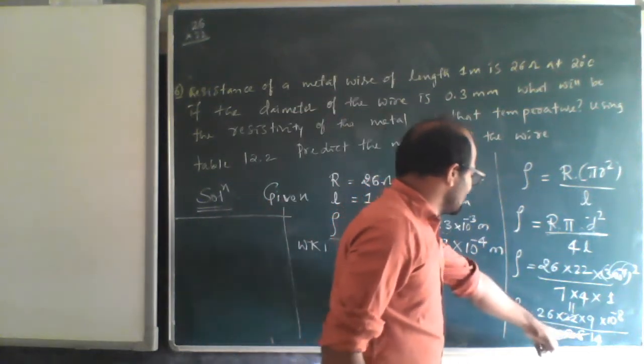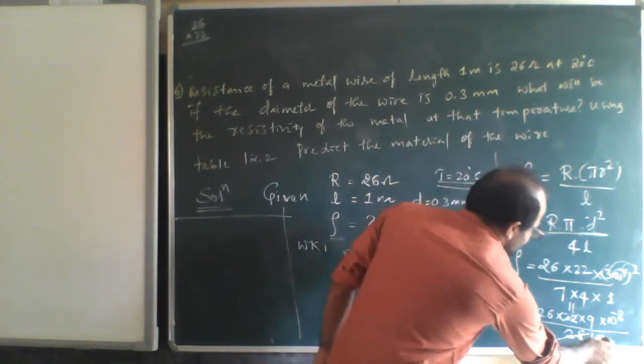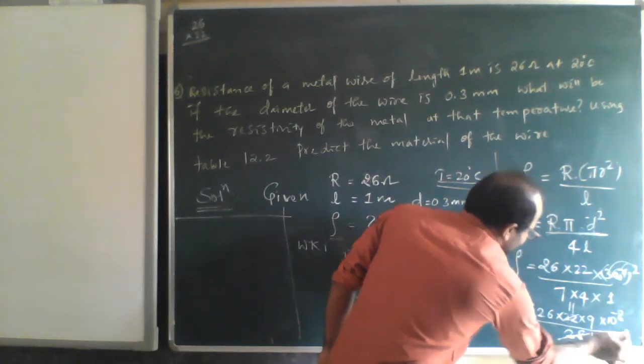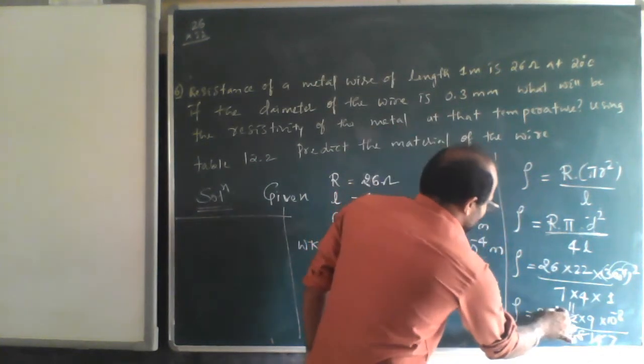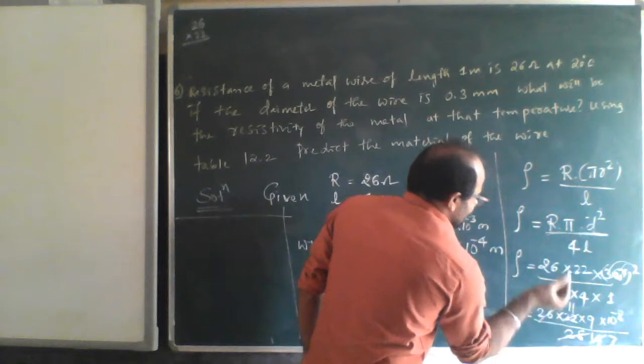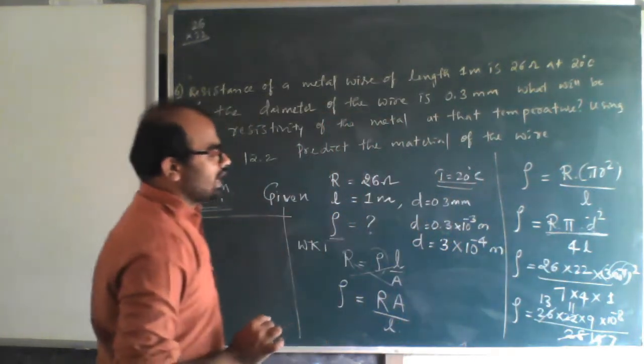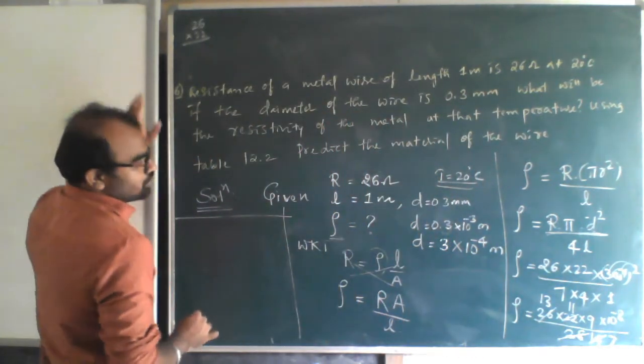So 14 is there, 11 is there, still we can cancel. 2 7s are, 2 13s are. 13 into 11 into 9, that is divided by 7 also.